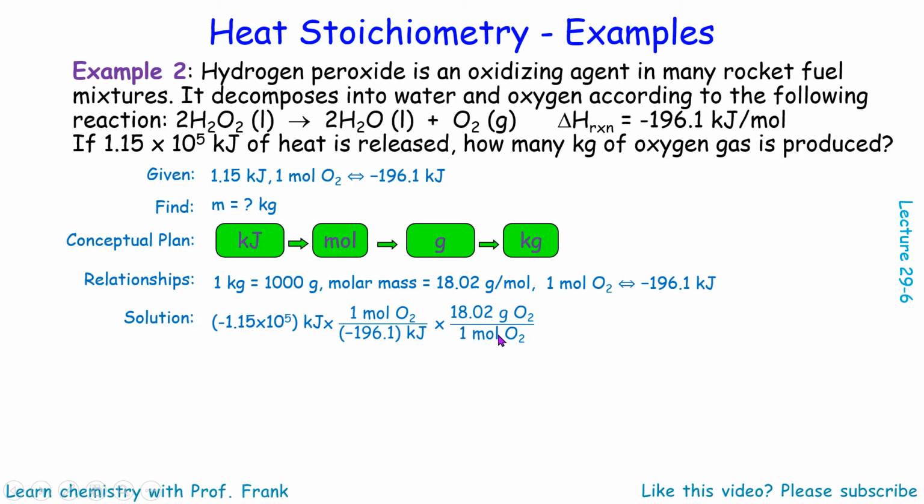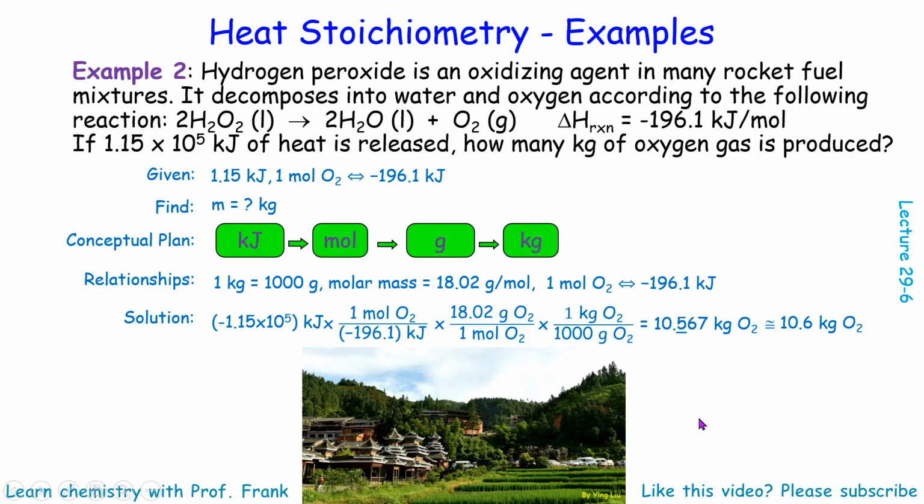Moles oxygen are cancelled. Now we have grams of oxygen. We need to convert from grams of oxygen to kilograms of oxygen. And now take care of the sig figs, 10.6 kilograms of oxygen. That should be the correct answer for example 2.